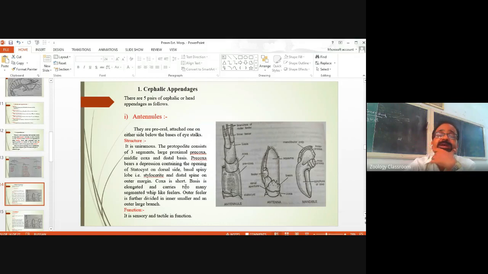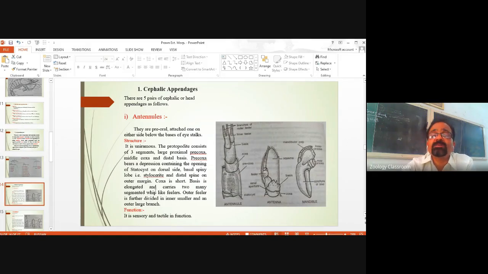The basis is elongated and carries two many-segmented whip-like feelers. The outer feeler is further divided into a smaller inner and a larger outer branch.